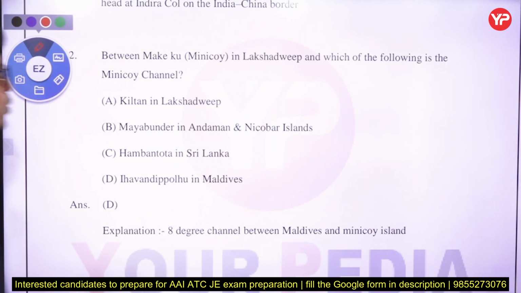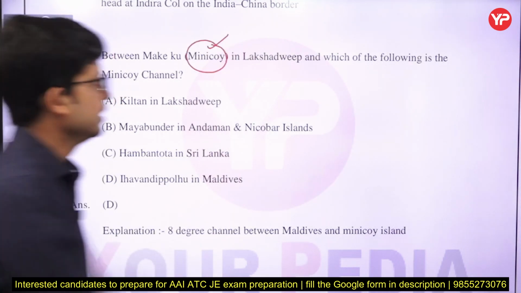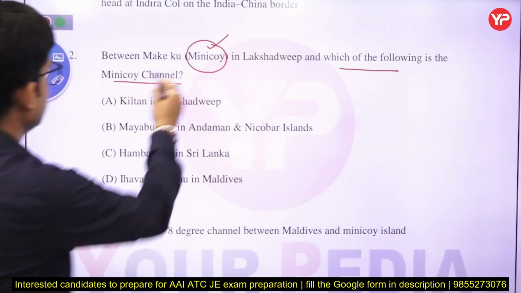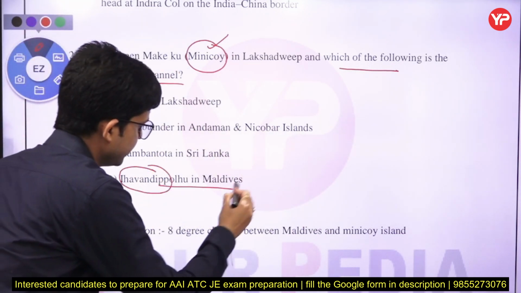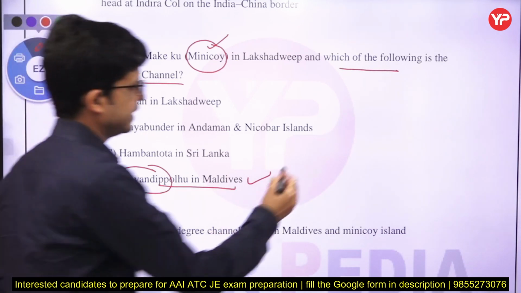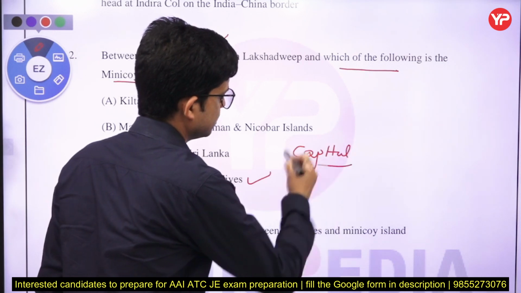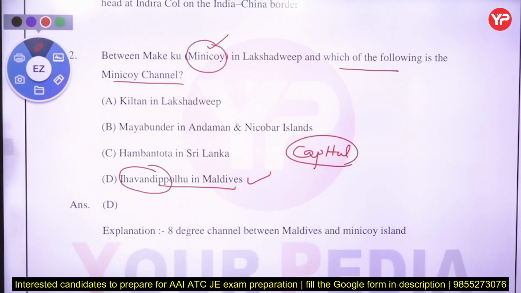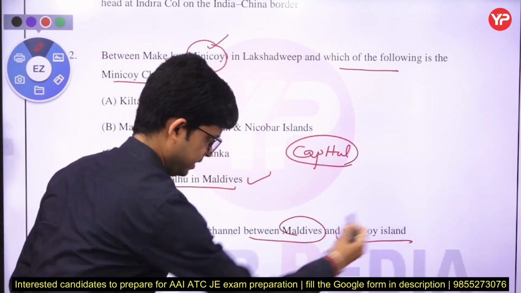Between Maliku and Minicoy, which is called Minicoy, in Lakshadweep, which of the following is the Minicoy channel? Here the answer is Ihavandhippolhu in Maldives is the channel. Basically you also have to know that the capital of Lakshadweep is Kavaratti, and the 8-degree channel lies between Maldives and Minicoy.